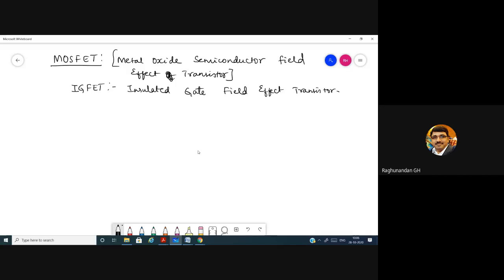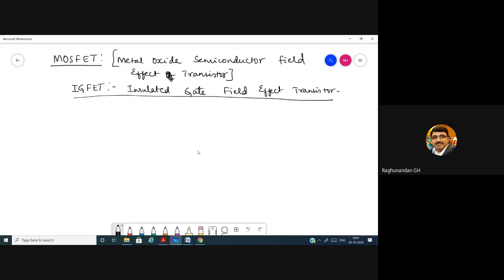Here, the construction and working of MOSFET is again different from JFET. First we'll discuss the construction and working. Then we'll discuss how JFET and MOSFET are different. They may ask you to compare MOSFET with the JFET. That's why we'll discuss it later, once we know the construction and working.